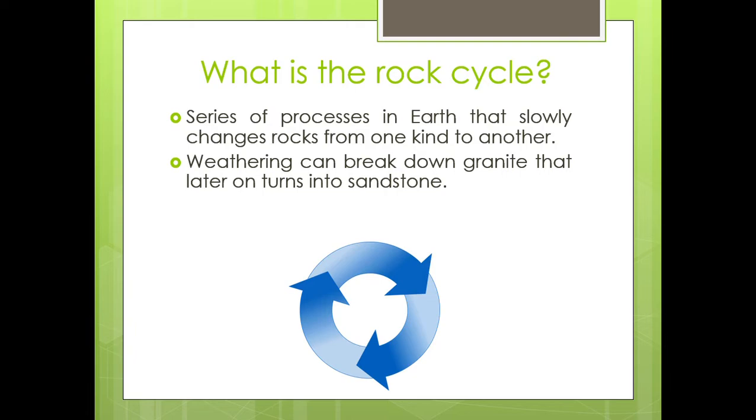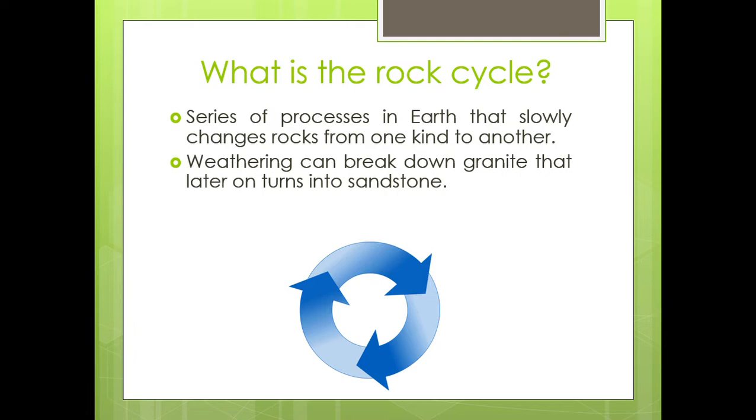You will usually find granite at a mountain. So if it starts heavily raining, and then pieces of that granite from the mountain are going to fall down. Later on, when they just remain on the ground, they are going to turn into sandstone.